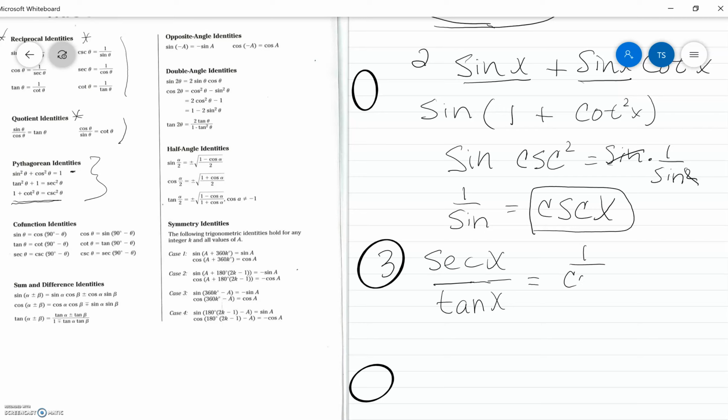So this is 1 over cosine, over, and then tangent using a quotient identity. Tangent is sine over cosine. And then here we have a complex fraction where we're going to keep the top, change to multiply, and flip the bottom. Keep, change, flip.